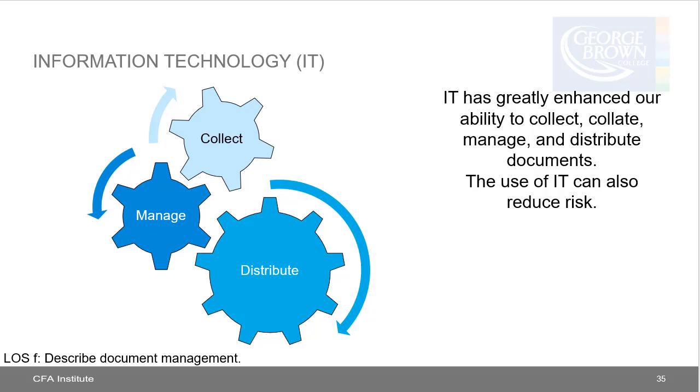Examples include the use of internet banking and online share trading, which eliminate the need for deposit withdrawal slips and trade order tickets. The use of IT can also reduce risk. For example, the payment of funds from an investment account may be subject to fraud. To limit the risk of fraud, payments typically require a dual sign-off process.